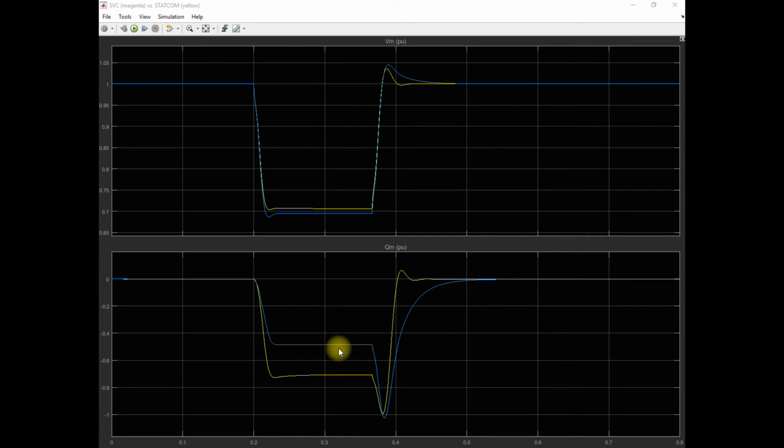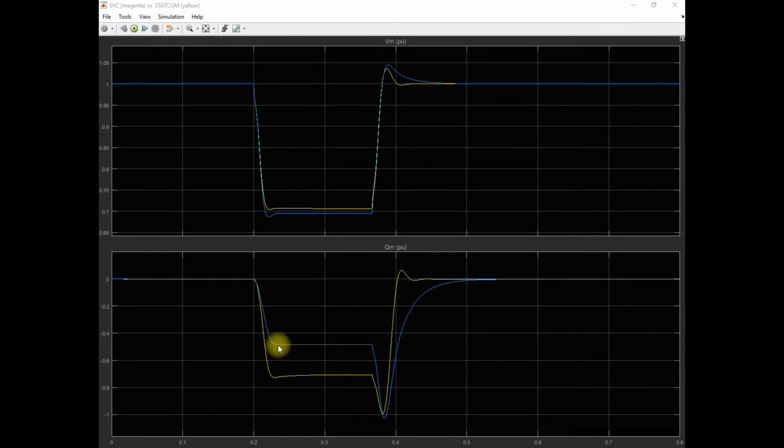STATCOM and SVC. You can see that the response time of the STATCOM is also very fast as compared to the SVC. STATCOM provides very fast reactive power of high magnitude as compared to the reactive power injected by the SVC.